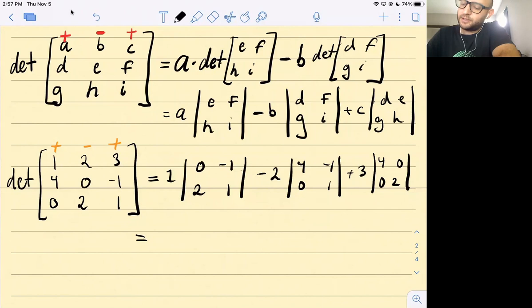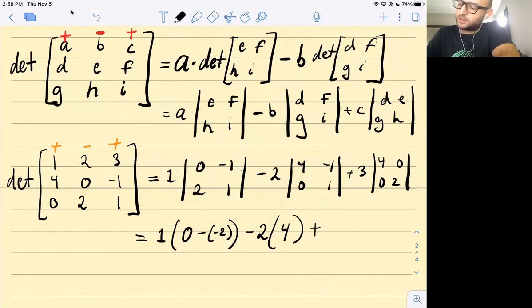So calculate here, it's going to be 1 times 1 times 0 is 0, so that's going to be 0 minus negative 2, minus 2, and then in here I have 4 times 1, which is just 4, minus 0, so that's just 4, plus 3, and that's going to be just times 8.